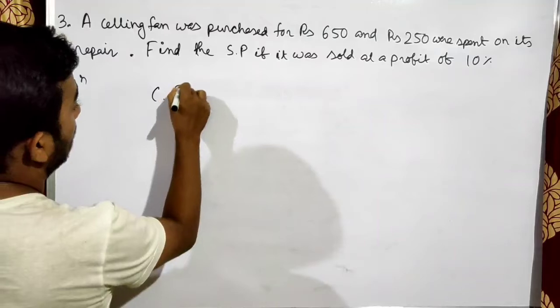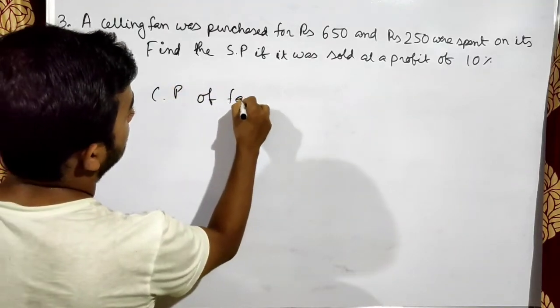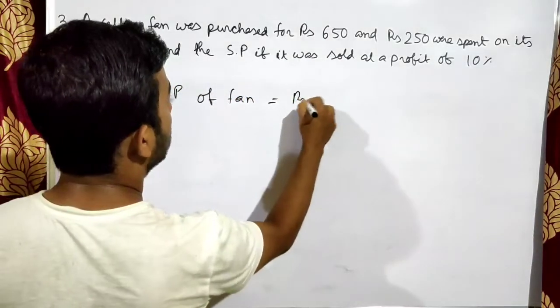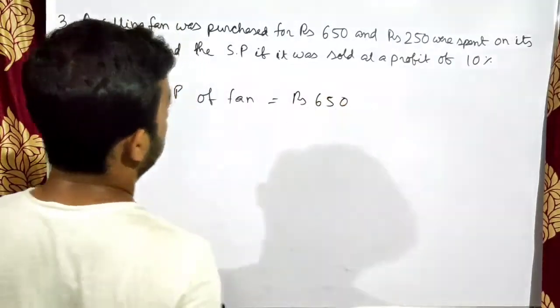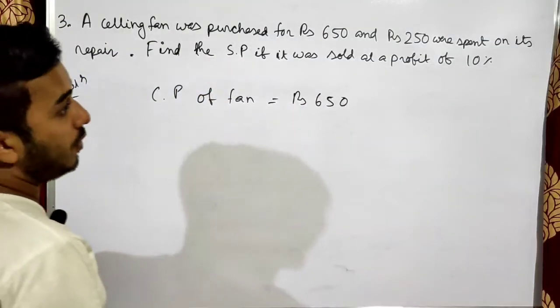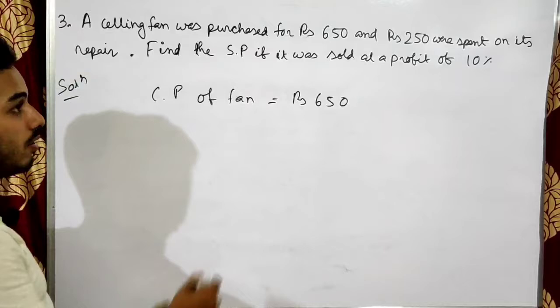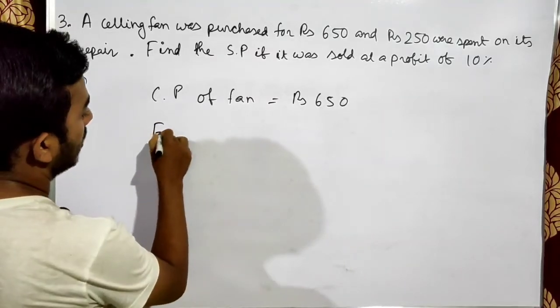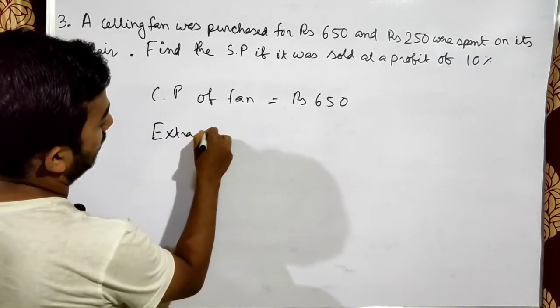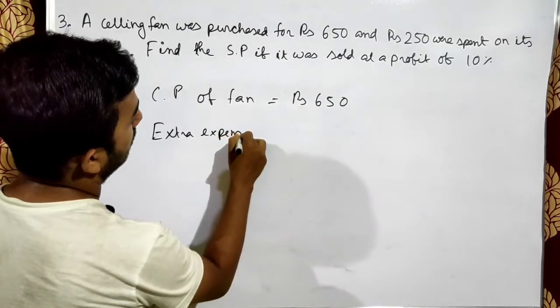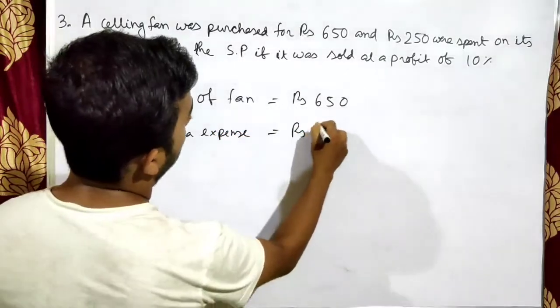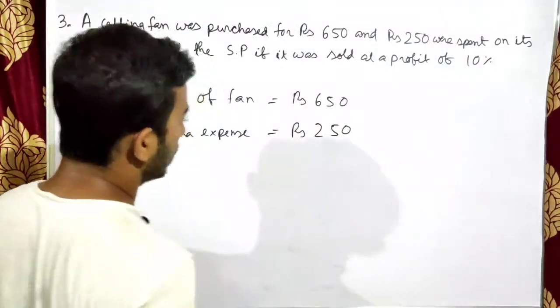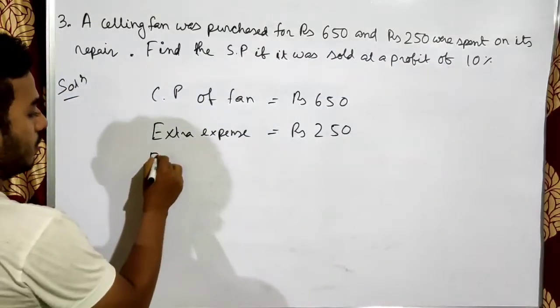Okay, so look, first we will write CP of the fan. CP of fan equals rupees 6650. Okay, and then rupees 250 were spent on its repair. So extra expense equals rupees 250. Up to this clear? Now we will write effective cost price.